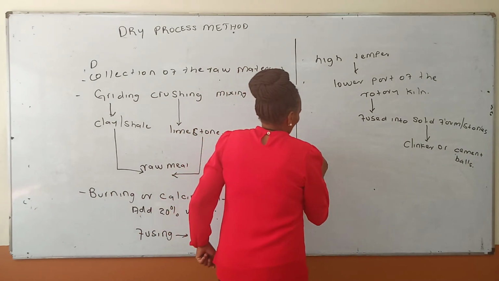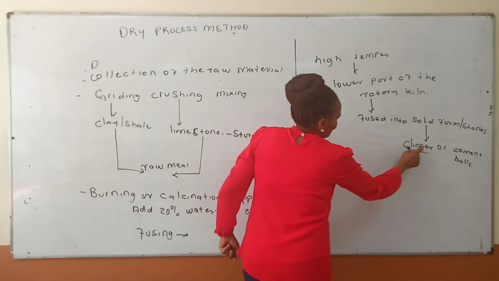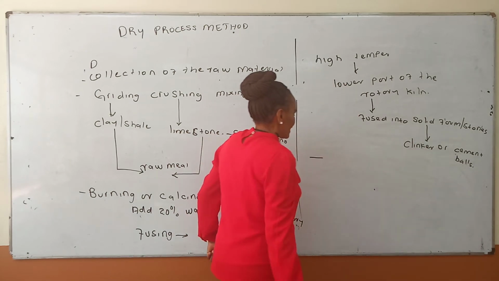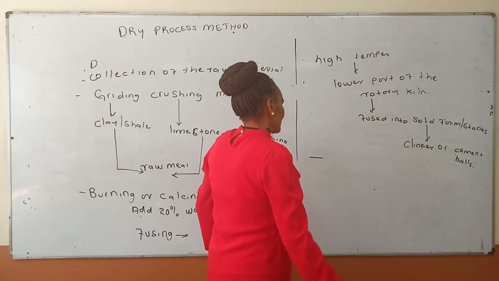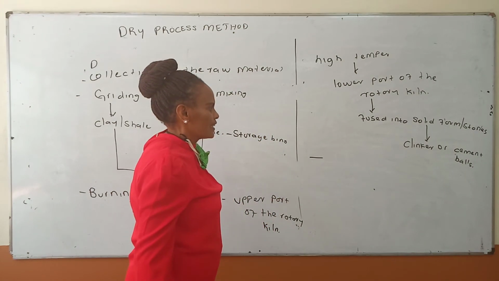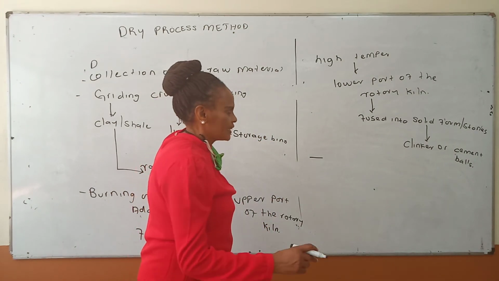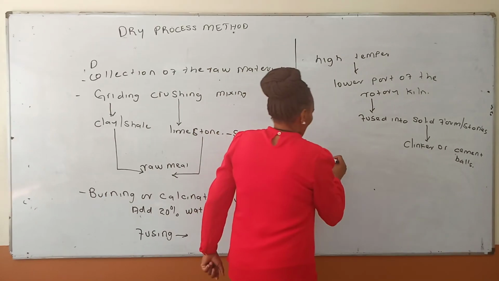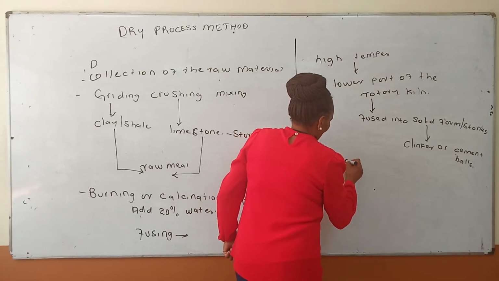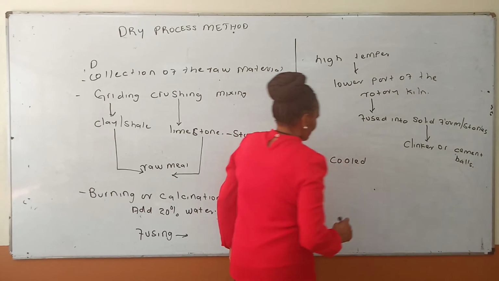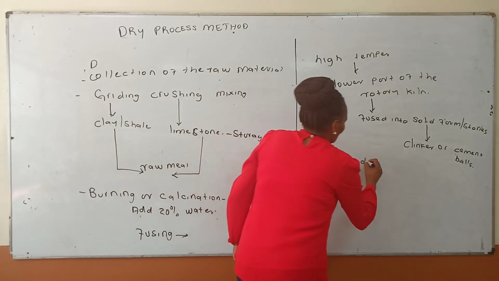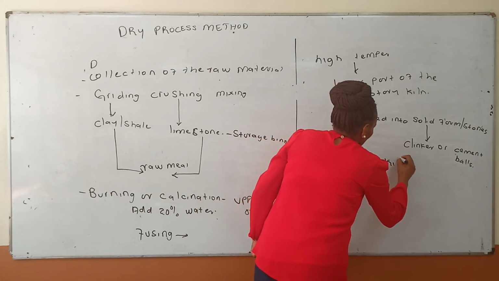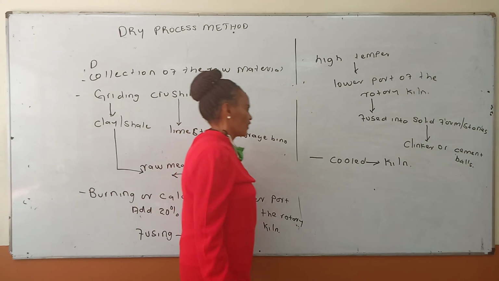After the rotary kiln, you cool. By the time the clinker is formed, it is so hot that it cannot be taken to the grinding mill at that temperature. So first of all, the clinker is cooled fast. It is cooled in a kind of kiln purposely made for that.